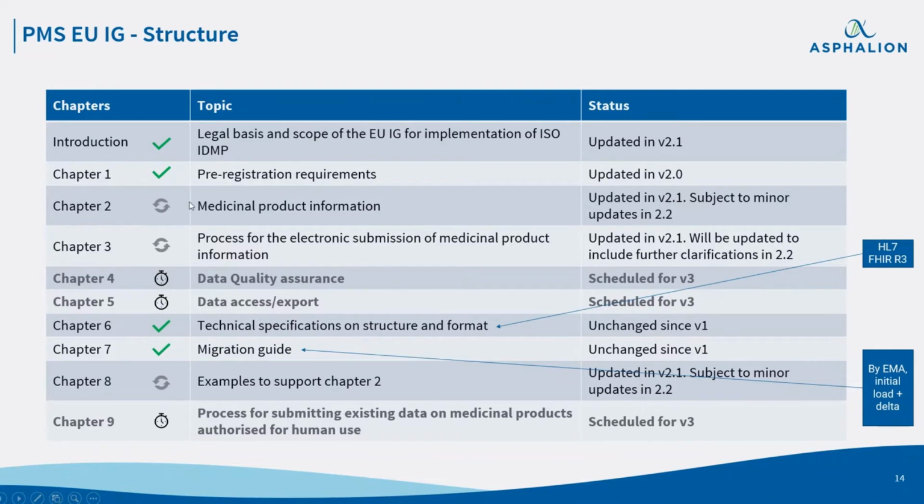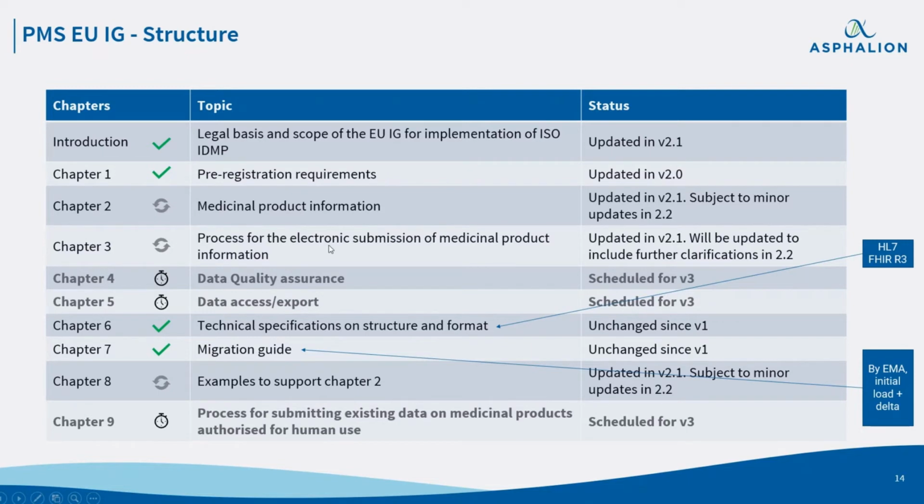Chapter 2 is the biggest one, almost 200 pages at the moment, and it goes data field by data field, explaining if it's mandatory or not, what the conditions are, what the options are to include this information, and where we should get it from, a little from a validation point of view.